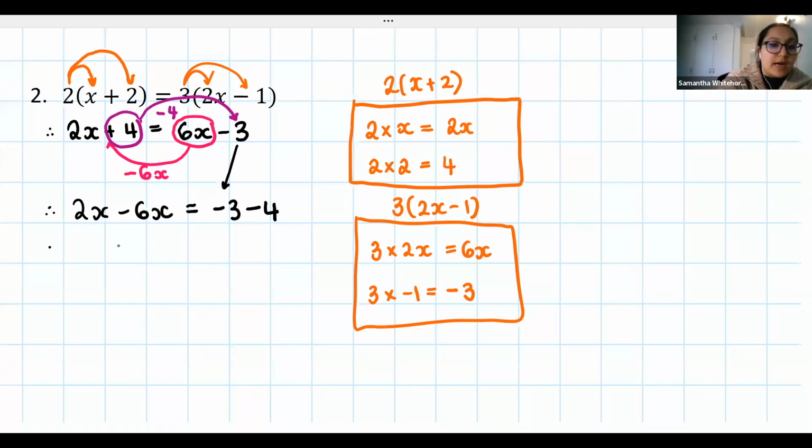All right, I now neaten up each side. 2x minus 6x, remember, like terms. So I've got minus 4x. Minus 3 minus 4 gives me negative 7. Now, sorry if you can hear all this raving outside, you still need to solve for x.